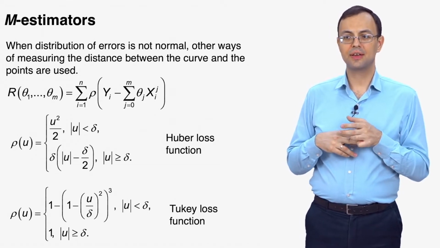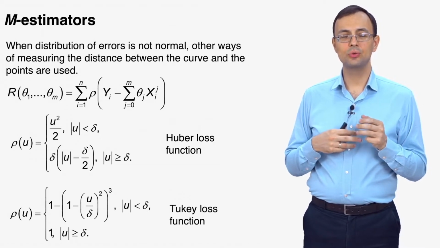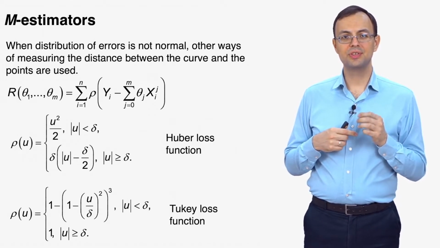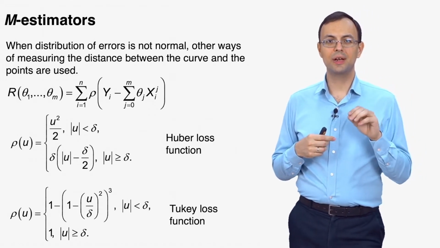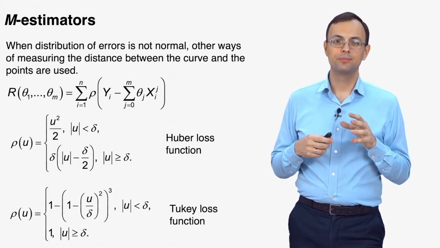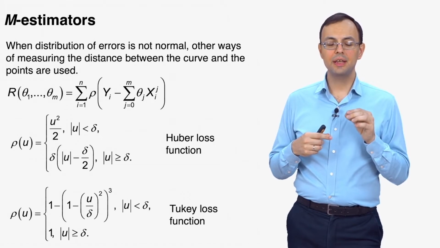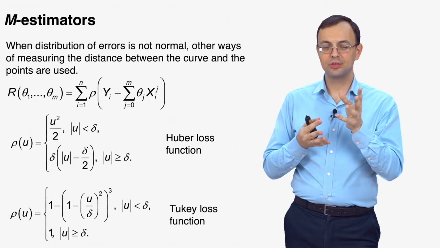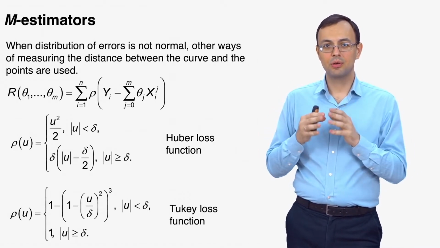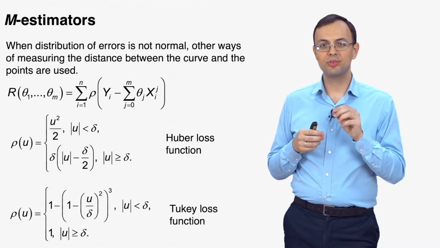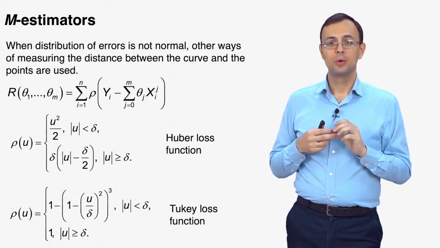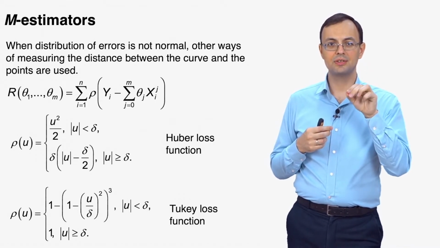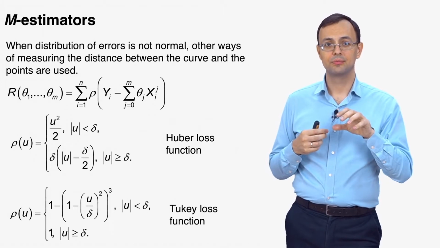And the Tukey loss function is a way to deal with the outliers in such a way that if there is a point that is very far from this general cloud of observations, we just move it closer to the cloud.